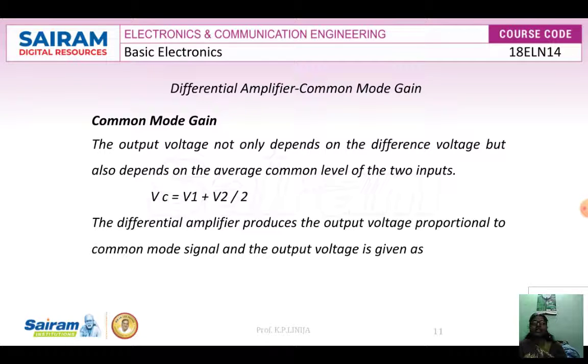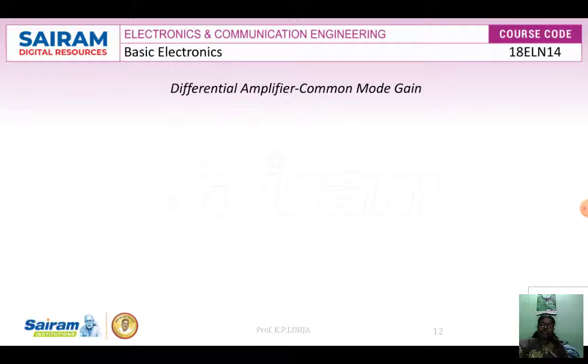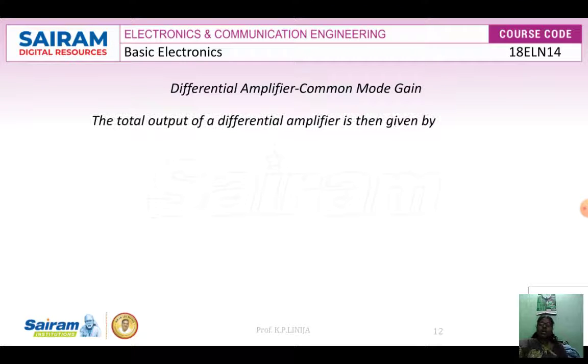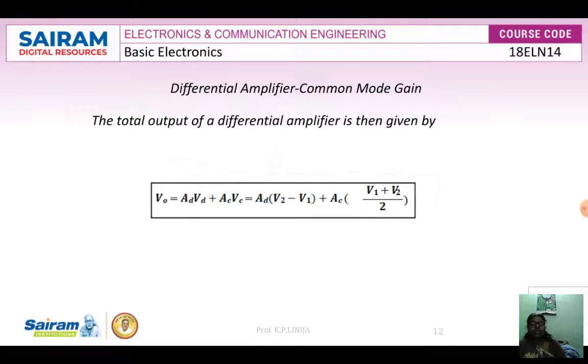Now we can write the total output of a differential amplifier, and that is given by V naught is equal to differential gain into differential voltage plus common mode gain into common mode voltage, that is equal to AD into (V2 minus V1) plus AC into (V1 plus V2) by 2.